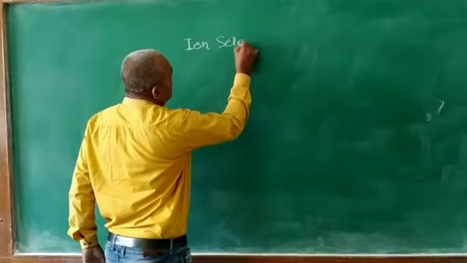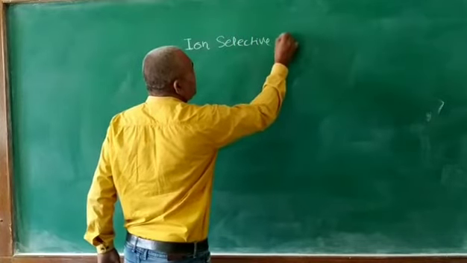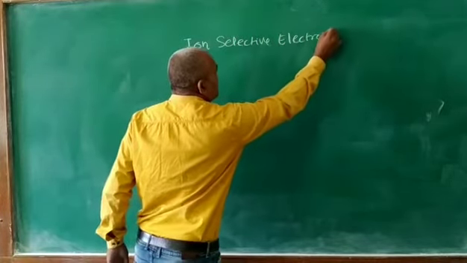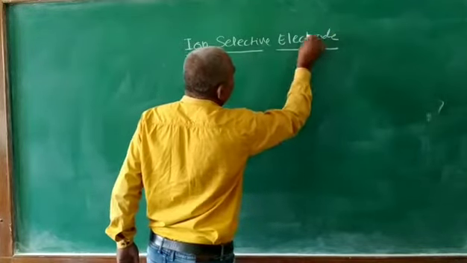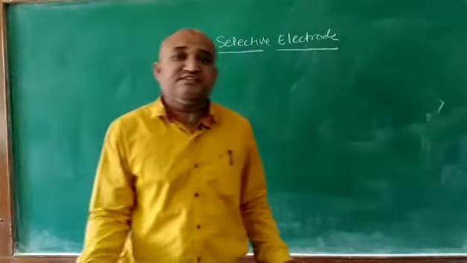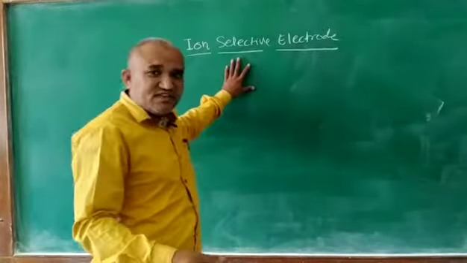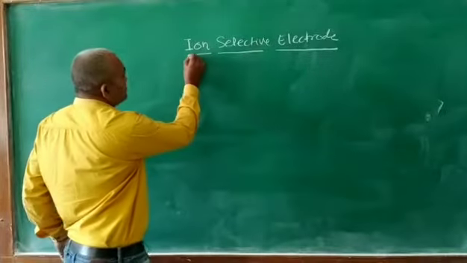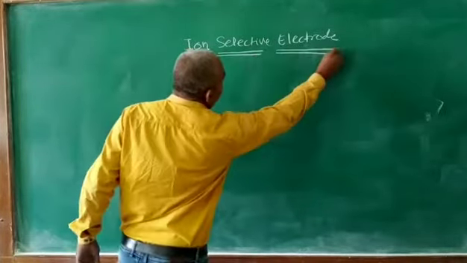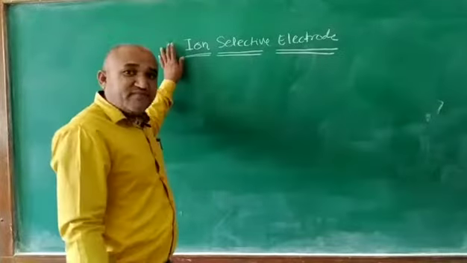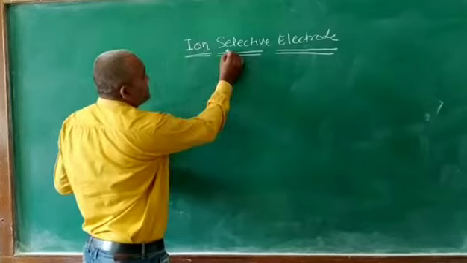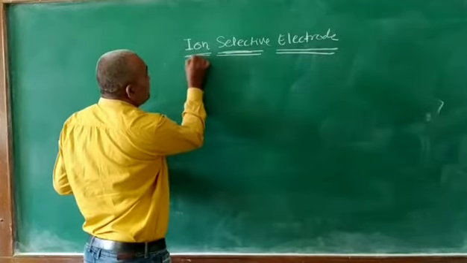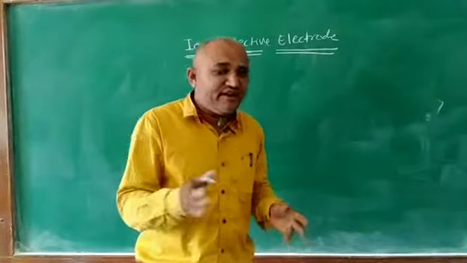As the name suggests, an ion selective electrode is a type of electrode that selects specific ions.